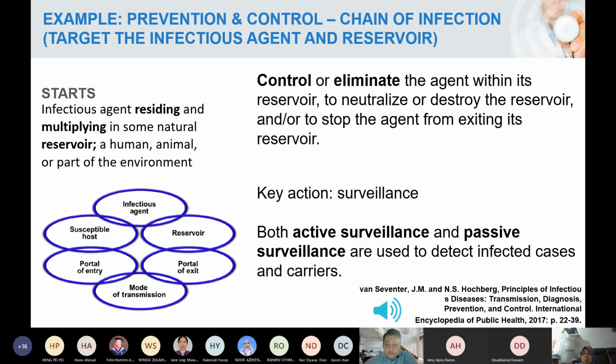Control, the word control just now, targets the agent within its reservoir, either by neutralizing or destroying it. We can't destroy a human, but the environment we can, or stop the agent from existing in its reservoir. So the keyword here is surveillance.